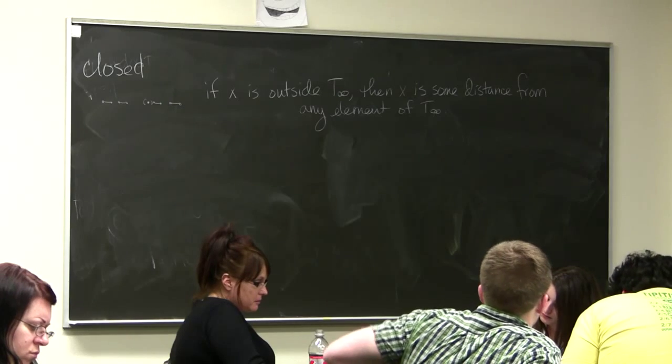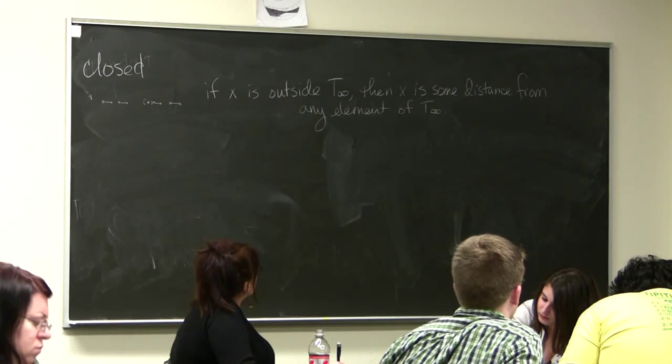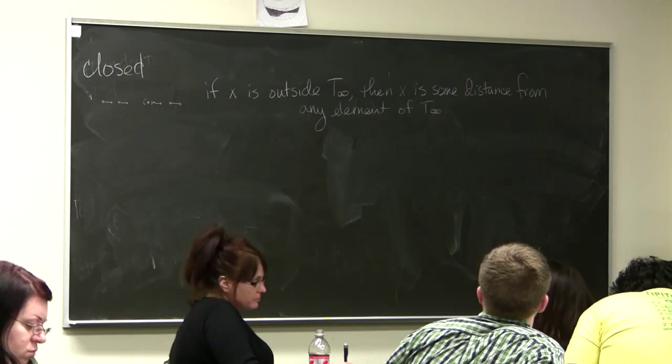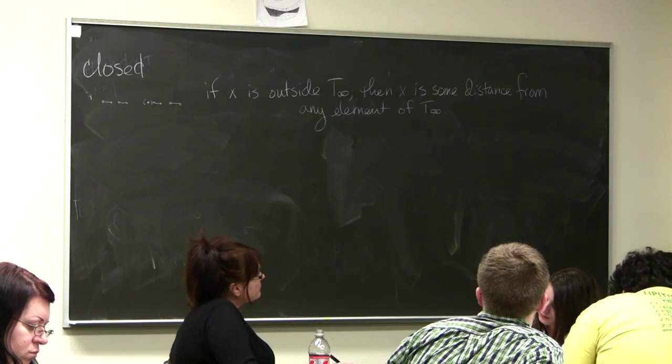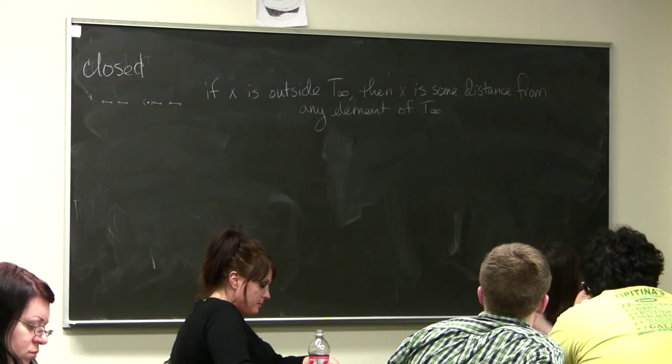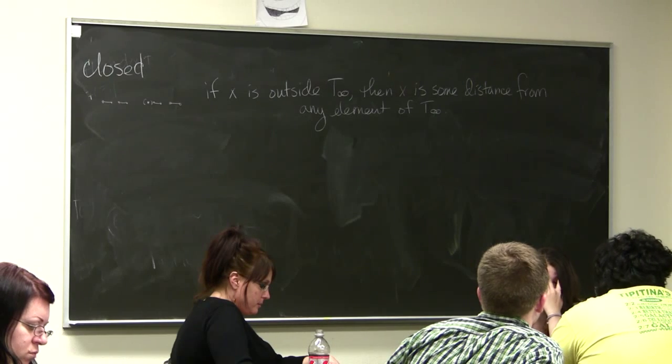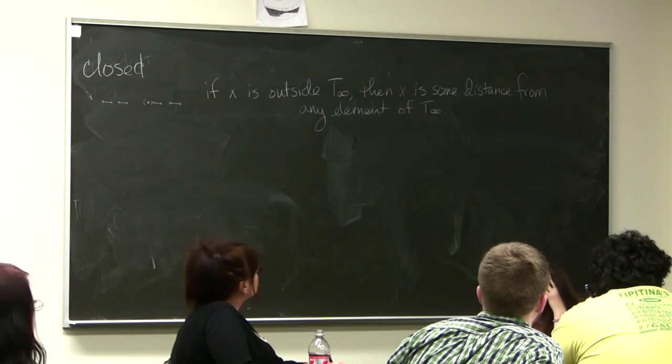Another definition of closed, which I think helps you understand the idea, is that T infinity includes all of its limit points, also called accumulation points.